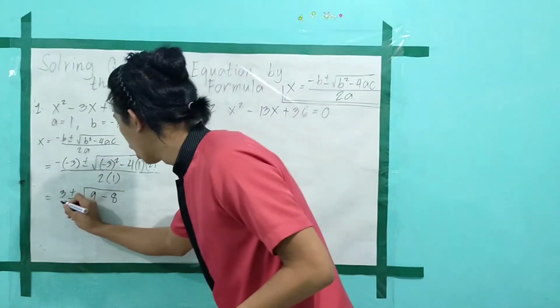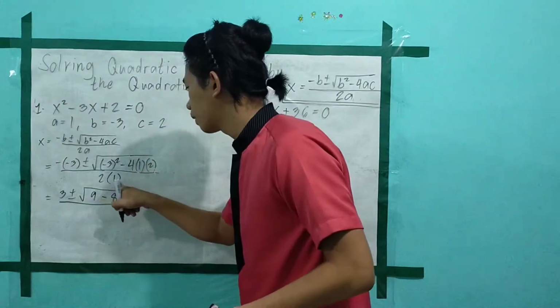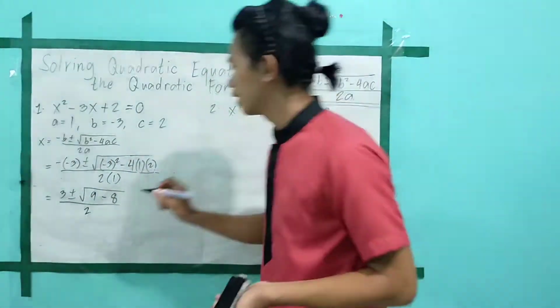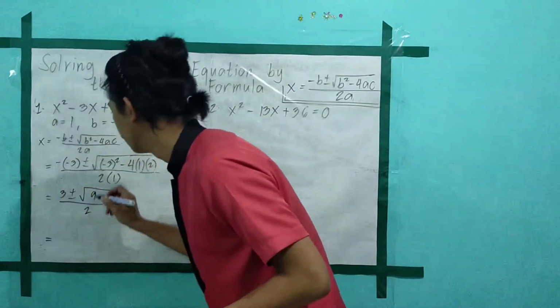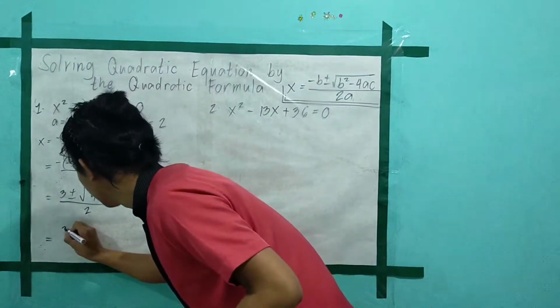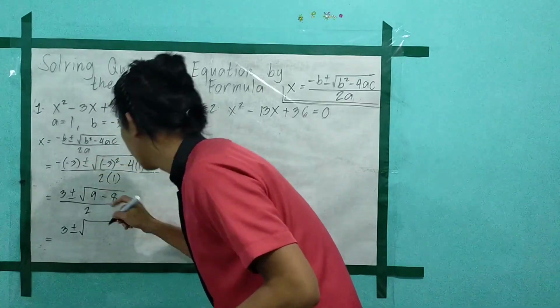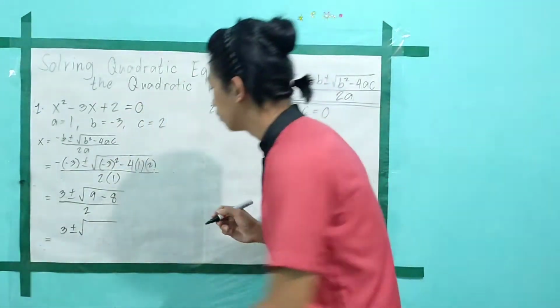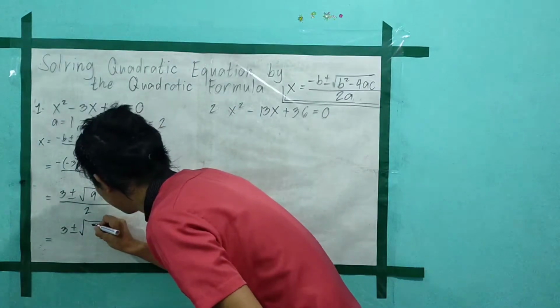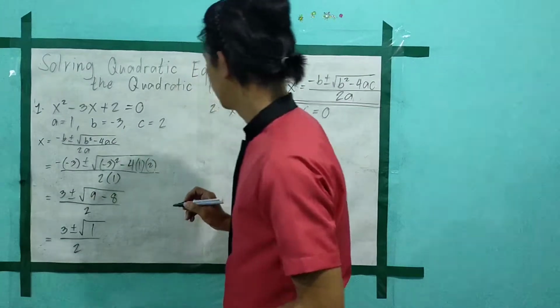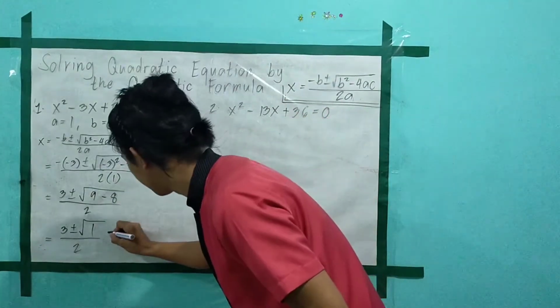Next, the denominator, 2 multiplied by 1, we have 2. Simplify natin. So, we have 3 plus minus square root of 9 minus 8. We have 1. Okay, square root of 1, all over 2. Okay, next tayo.